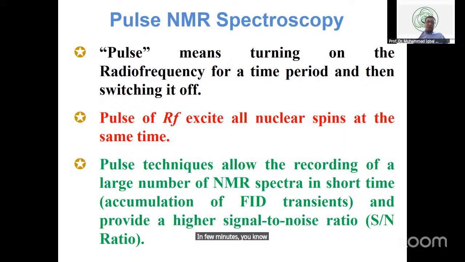You just excite them, wait for a while, relaxation takes place, it goes back to thermal equilibrium, give another pulse, record another relaxation spectrum, give another pulse, record excitation, record relaxation, and you keep doing it.